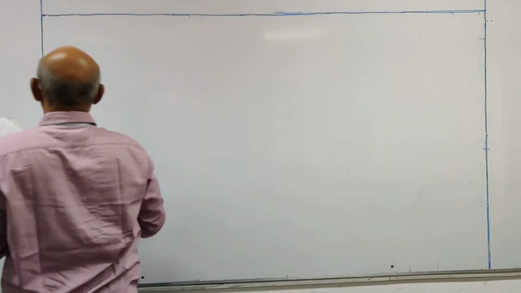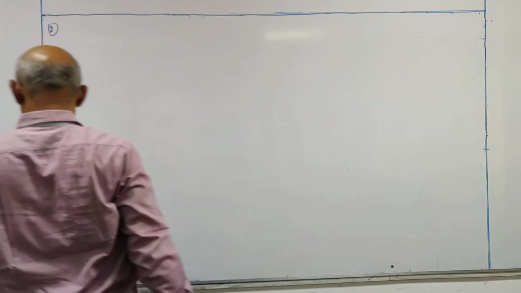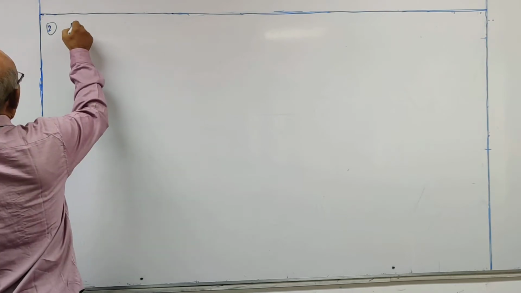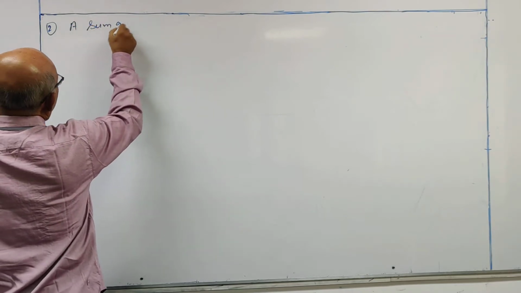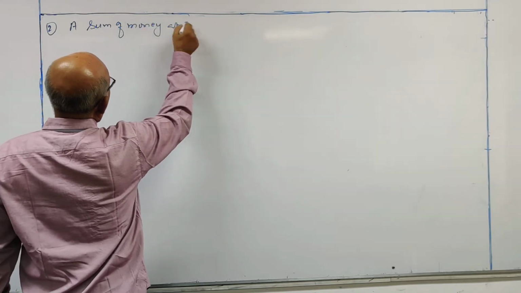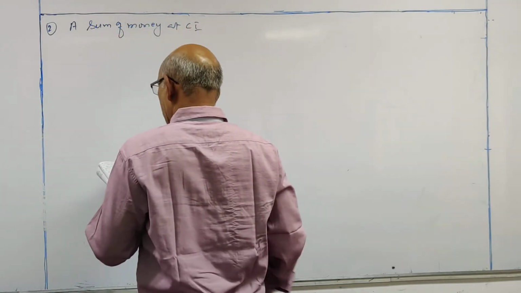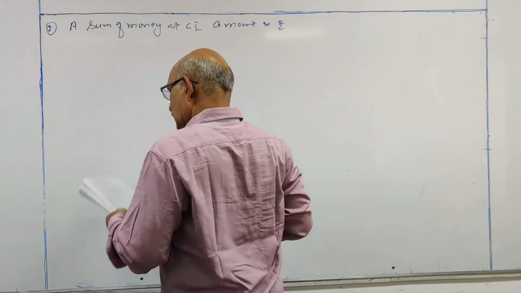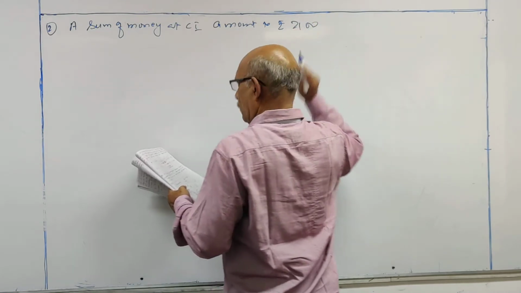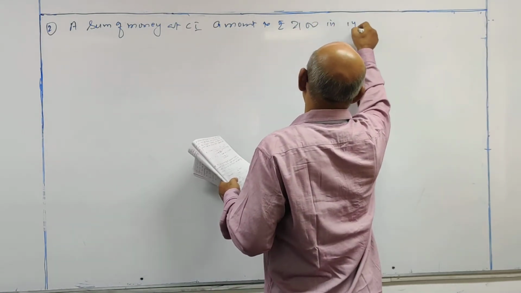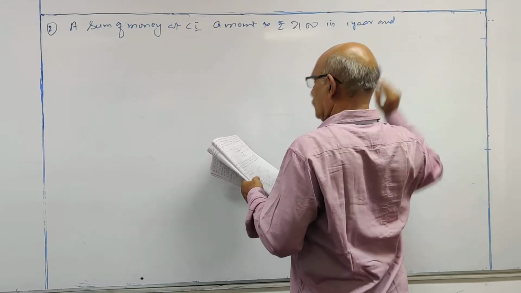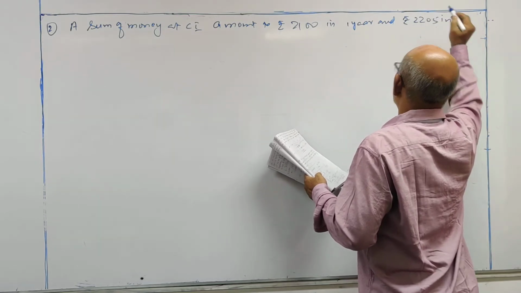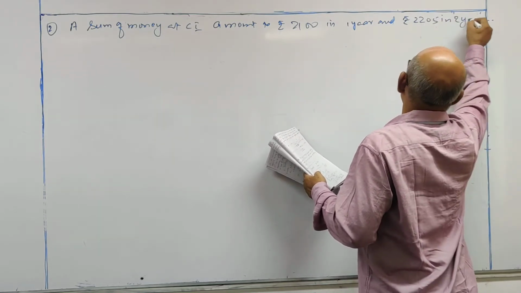Look at the question number 2. A sum of money at compound interest amounts to rupees 2100 in 1 year and rupees 2205 in 2 years.